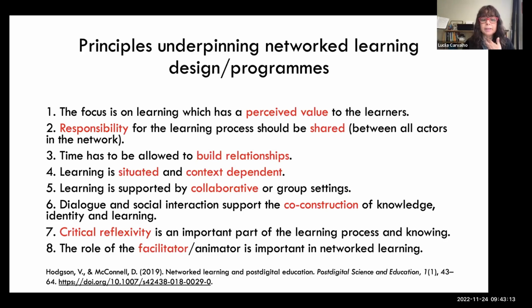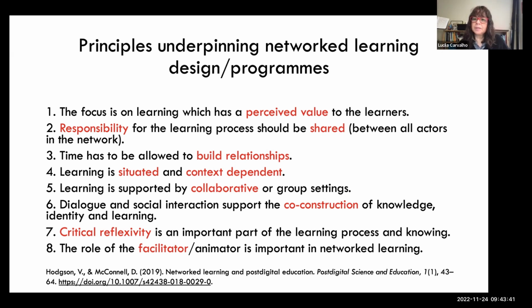So a few years later, in 2006 and then again in 2019, Vivien Hodgson and David McConnell published this article with the principles underpinning networked learning. They talk about how learning has to have perceived value for learners, and that the responsibility for the learning process is to be shared between the members of the network.